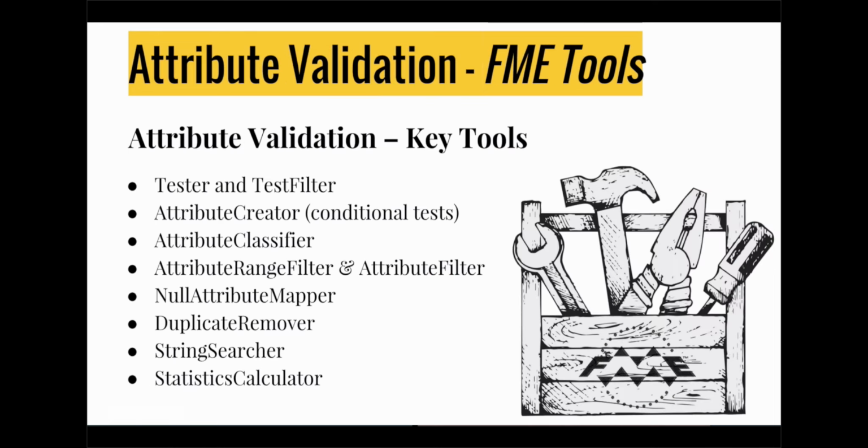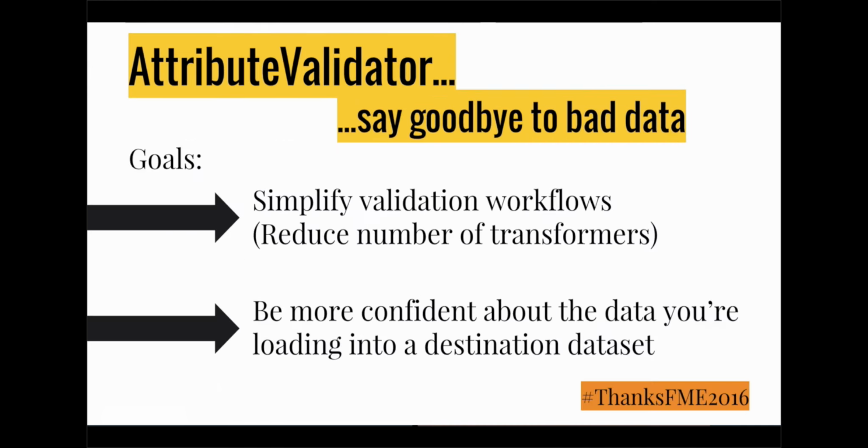And again, in the past, we've had a lot of transformation tools in FME that people have used for data validation. That's sort of a list of some of them that people have used for data quality validation. What we're trying to do here is bring under one umbrella, which is always a goal of mine, to reduce the number of transformers that we have in our product.